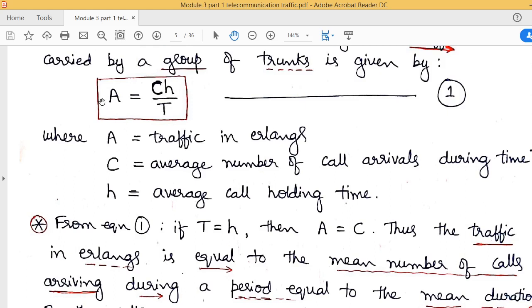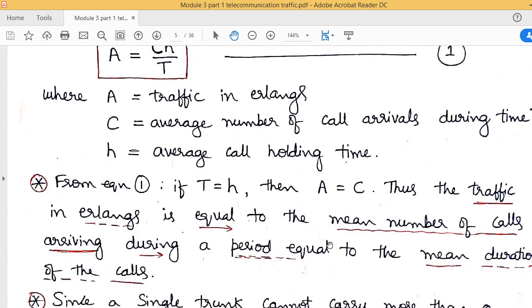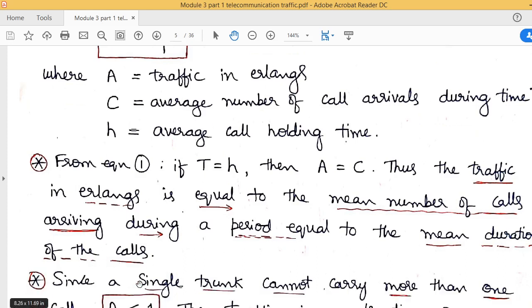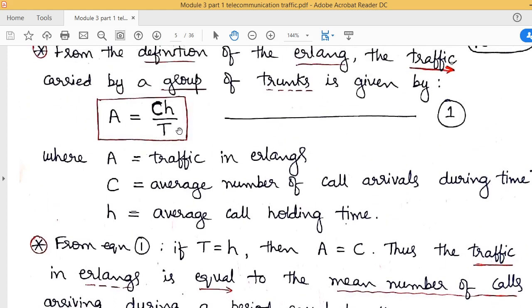So then the traffic in Erlangs will be exactly equal to C. So that is what I have shown here. Thus the traffic in Erlangs is equal to the mean number of calls arriving during a period equal to the mean duration of the calls. If the holding time is exactly equal to the time period over which we are concentrating, then the observed traffic A will be equal to the number of calls that are arriving over this particular duration.